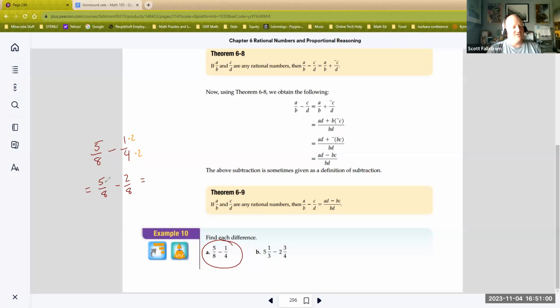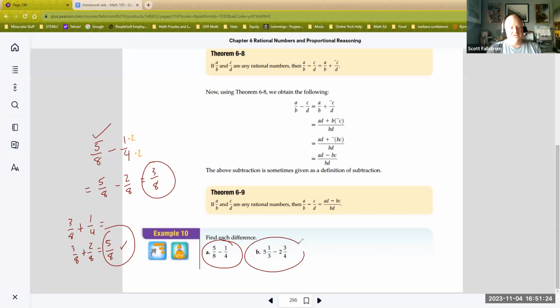And once you do, you can simply subtract the numerators. Now, if you want to check yourself, it would be 3/8 plus 1/4. That has to get me to 5/8. And that's the same thing as 3/8 plus 2/8 by fluffing, and it gets me 5/8 at the end of the day, so it checks out.